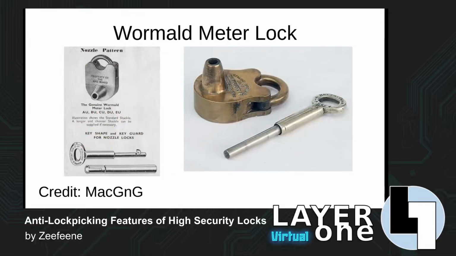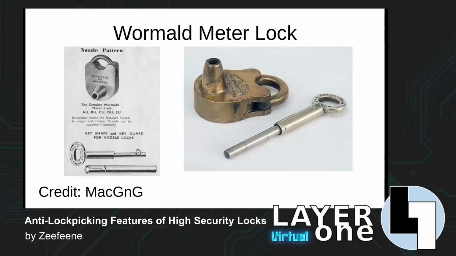And then again in a slightly different direction, but still in the same theme, we have the Vormald meter lock. So this was used on gas meters in the UK, and essentially the principle behind this is the same rough idea as what makes the sofa problem in mathematics challenging. The sofa problem is essentially this problem of designing a shape that's quite good at getting around a right-angled bend in a corridor.